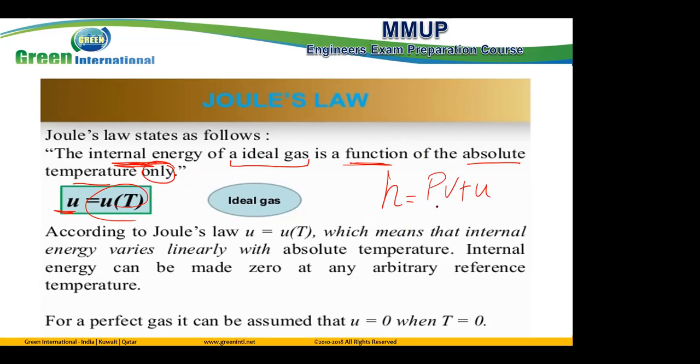I can substitute PV by the ideal gas law, PV equals mRT. m and R are constant, so it is only a function of T. Plus U, which is already a function of temperature only from Joule's law. So the enthalpy is also a function of temperature. Correct or not?